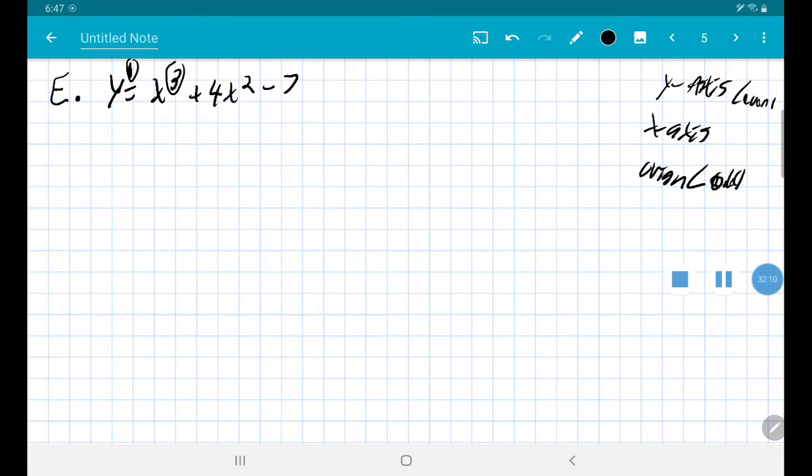So right now I'm feeling that even isn't going to happen. Oh, that's even. And likewise, this 7 is 7x to the 0. So I've got some even and some odd, which means it's neither odd nor even. So the only type of symmetry this could possibly have would be x-axis. So let's test it. So I'm going to replace the y with negative y.